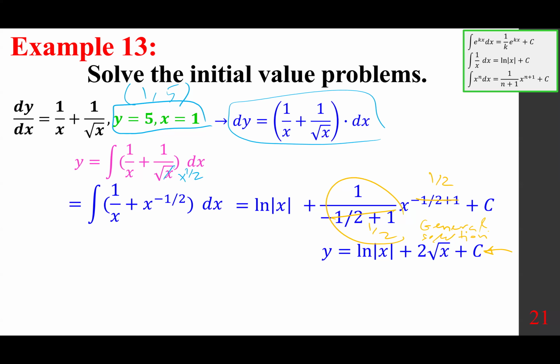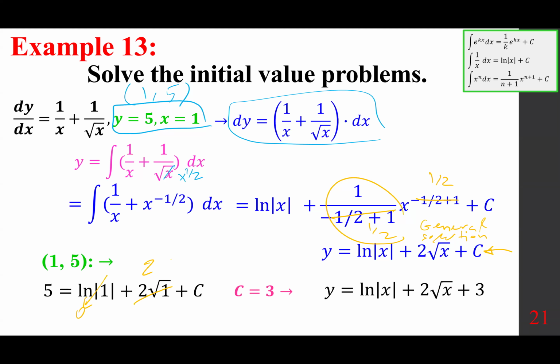It's infinitely many different functions that shift up and down based on the value of c. Now we're going to replace the x with 1 and y with 5. As you know, ln 1 is 0, and 2 times 1 is 2. 2 plus what number gives you 5? Number 3. Replace it, and now you have a particular solution.